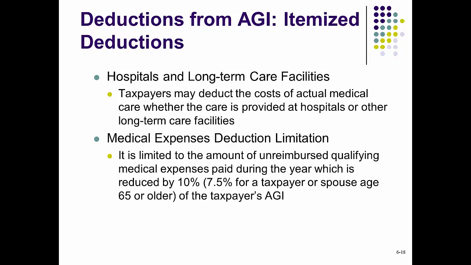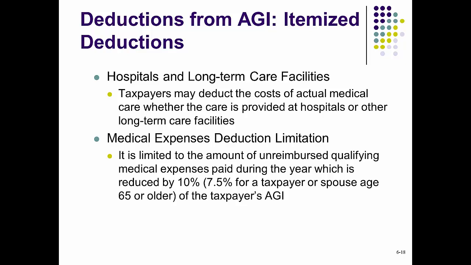Medical expense deduction limitation. The deductible amount is the unreimbursed qualified medical expenses paid minus 10% of the taxpayer's AGI, reduced to 7.5% if one of the spouses is 65 years old or older. That comes to our limitation of deductible medical expense.